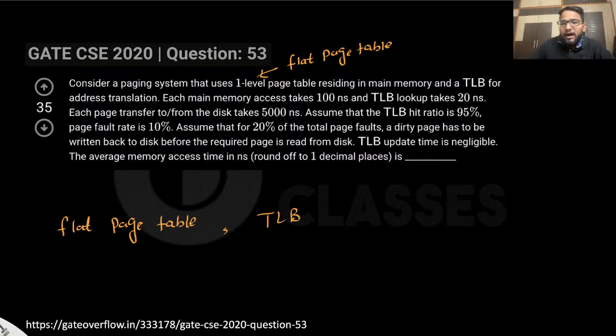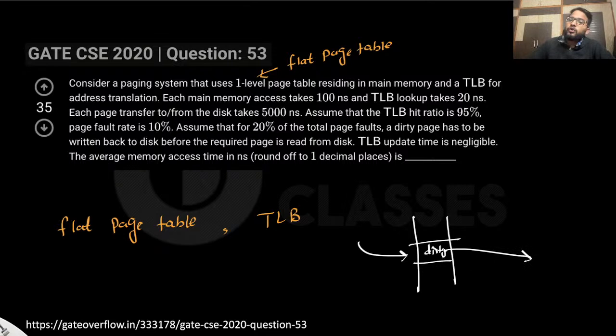Now they are saying a dirty page has to be written back to the disk before the required page is read from the disk. So what does this mean? If in your main memory you have a page and that's not the page you're looking for, and if that page is dirty, then you have to write it back.